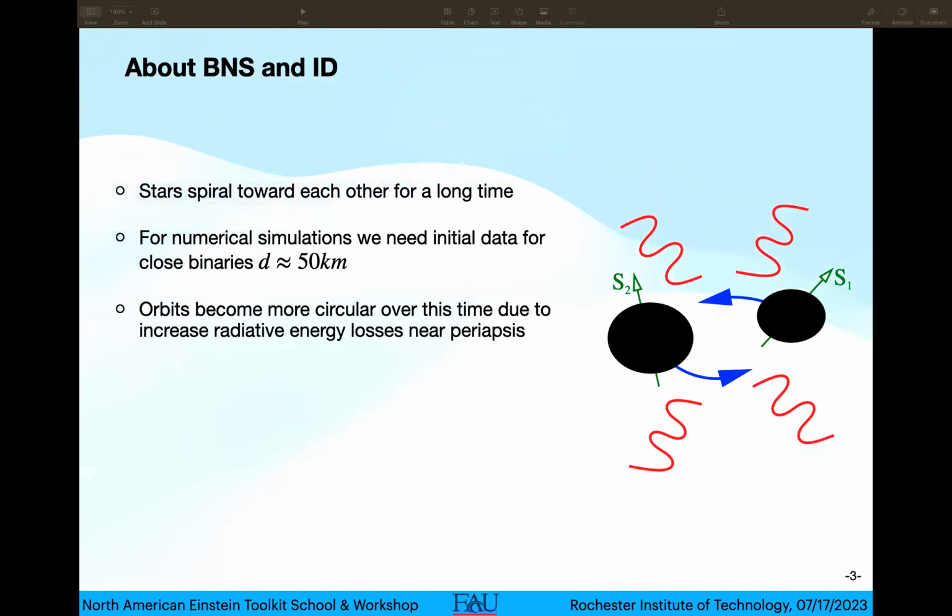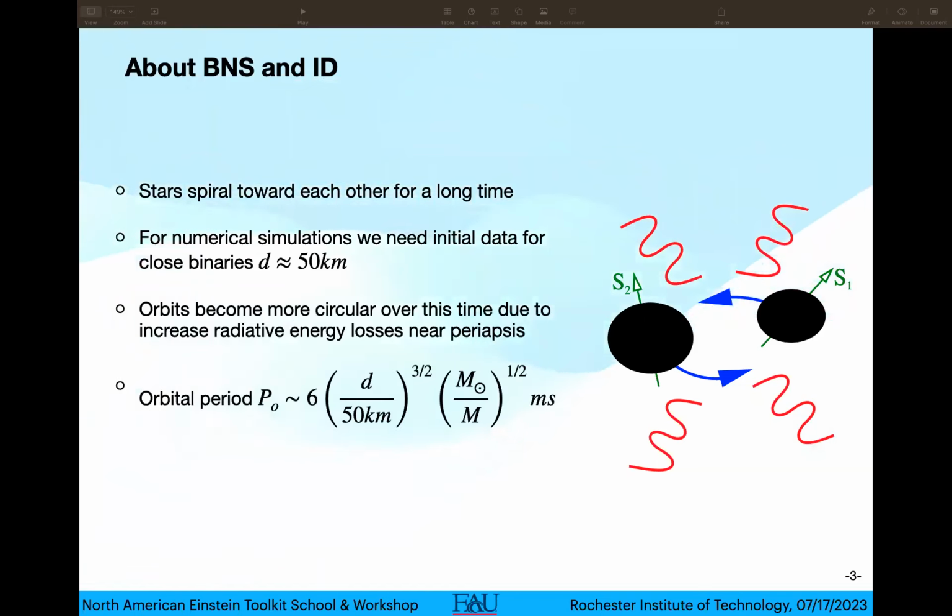And what we know about this kind of system is that the orbital period is roughly on the order of milliseconds. On the other hand, we know that there is such a thing as a millisecond pulsar from astronomy. So it tells us that the orbital angular momentum is, at least in some cases, equally important as the individual spin.